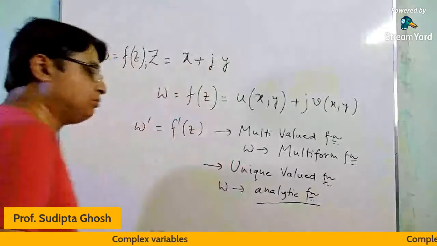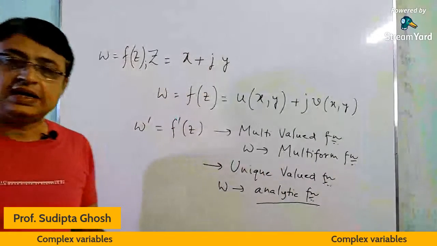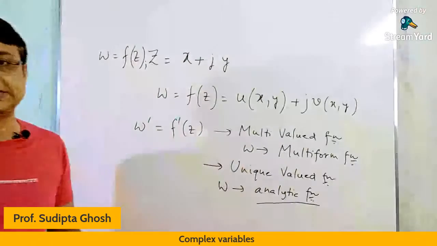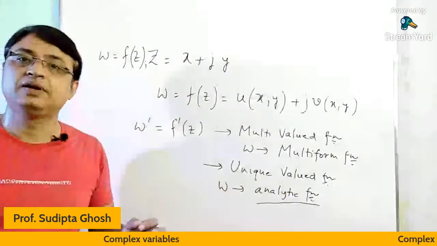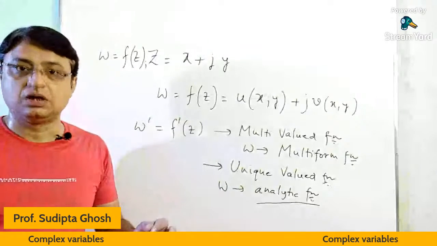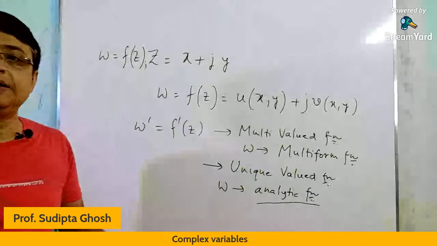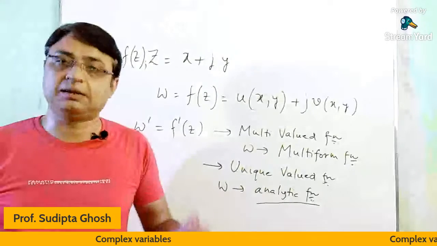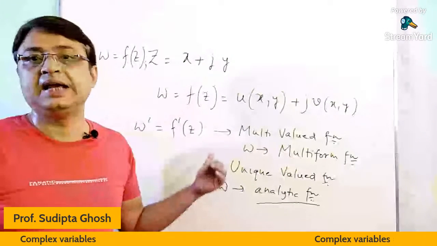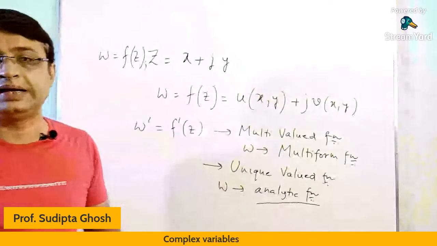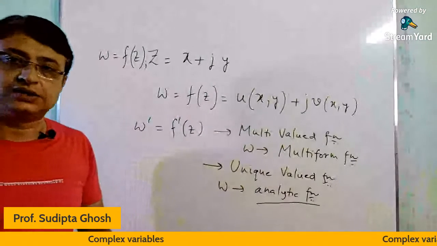For W to be an analytic function, W prime, that is dw/dz, must have a unique value. In other words, if dw/dz, that is W prime, has a unique value, then only W can be regarded as an analytic function.